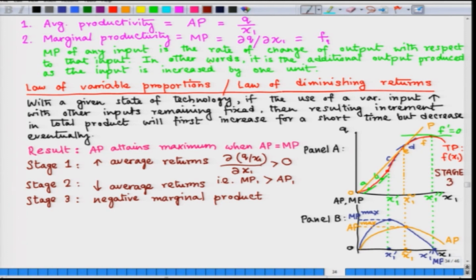Then we have this decreasing average returns. So, that means this part is basically my stage 2. So, this is stage 3, I just write 3 here.